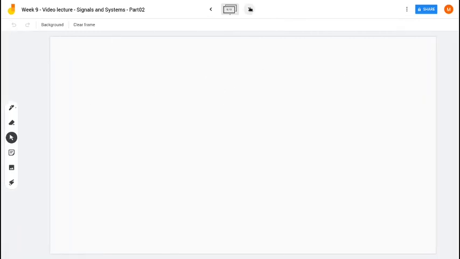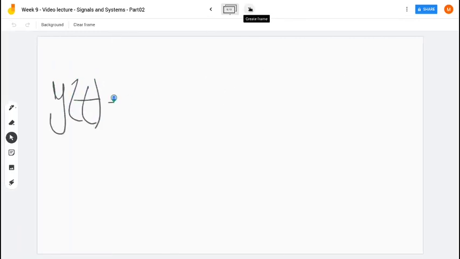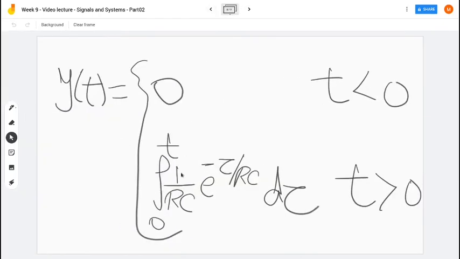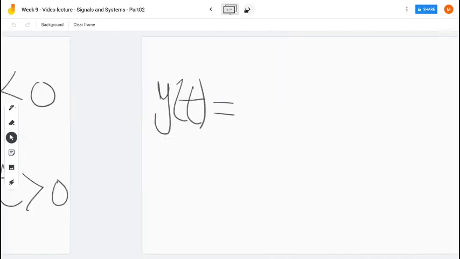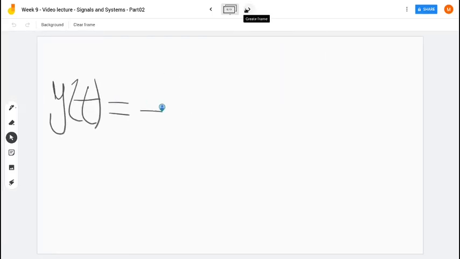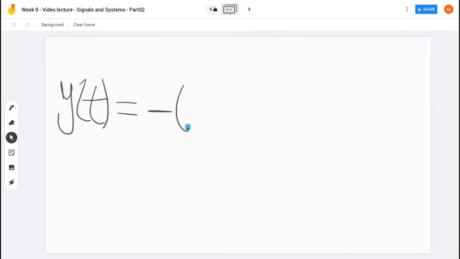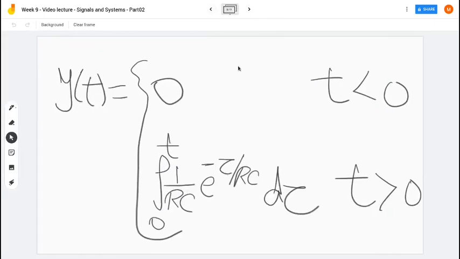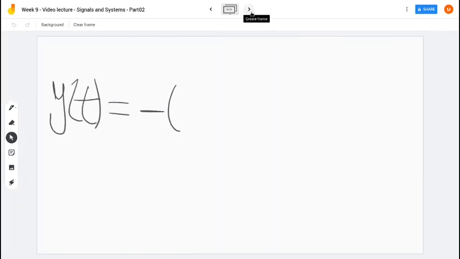So again, y of t will take this form. Y of t will be equal to 1 over RC multiplied by minus RC. It will cancel out, and we only will get a negative sign. Now we will substitute with the limits: e to the negative t over RC minus e to the power 0, which is 1. So e to the negative t over RC minus 1 times u of t.